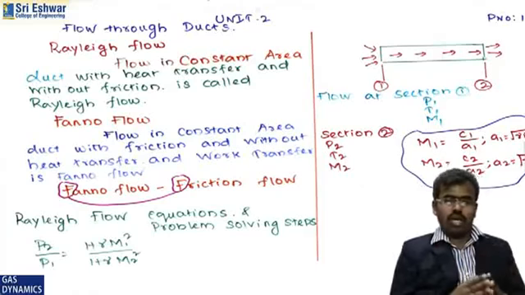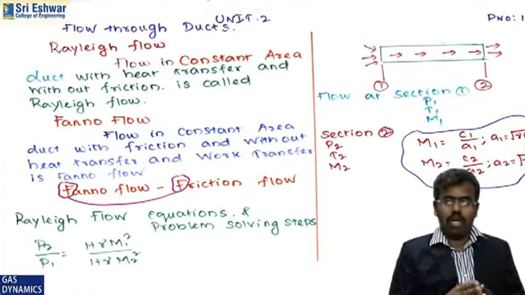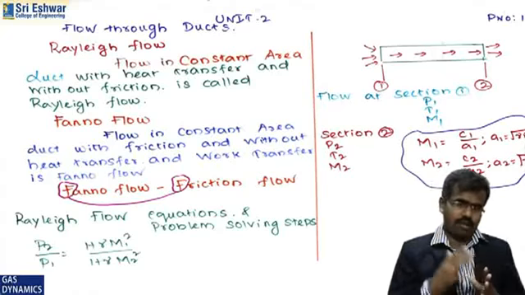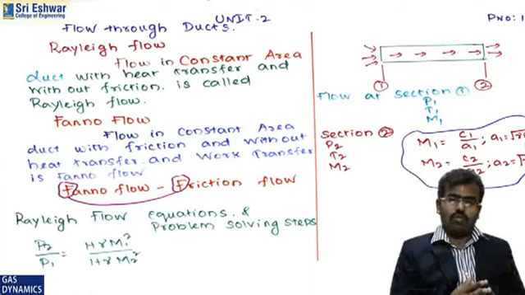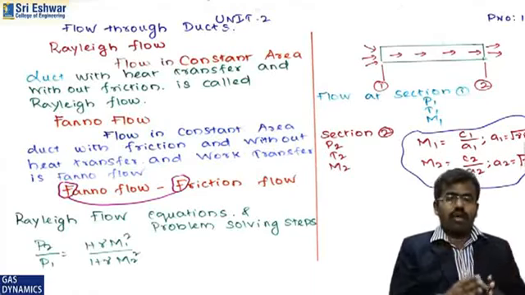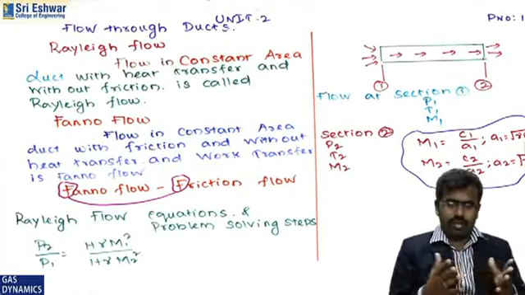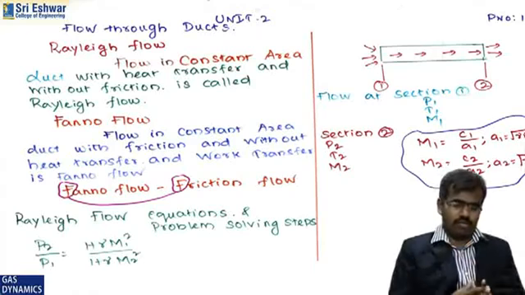For section 2, M2 is equal to C2 by A2. If they didn't give the value of A2, then you can find it by root of gamma R T2. I depicted that picture also in my background. If they didn't give the value of A1, then you have to use the formula root of gamma R T1. Simply A is equal to root of gamma R T, which we discussed in our first chapter.